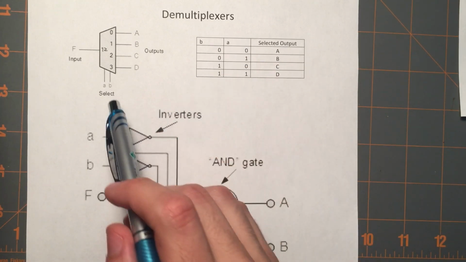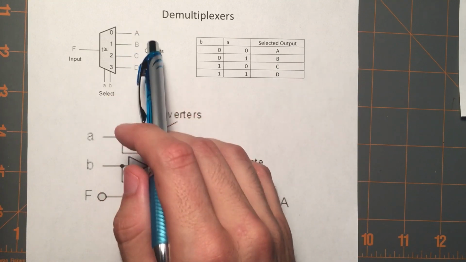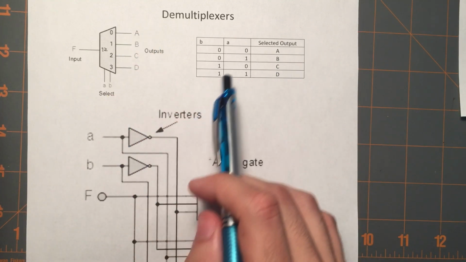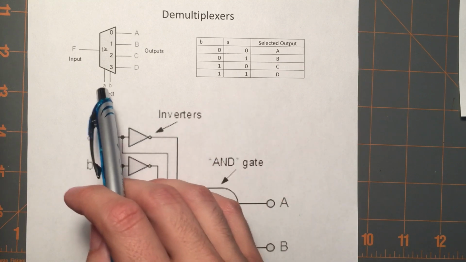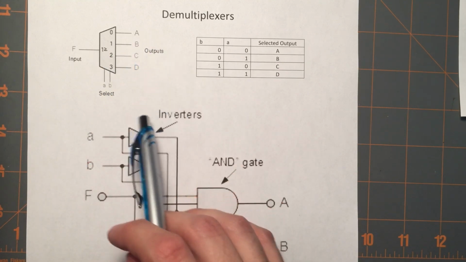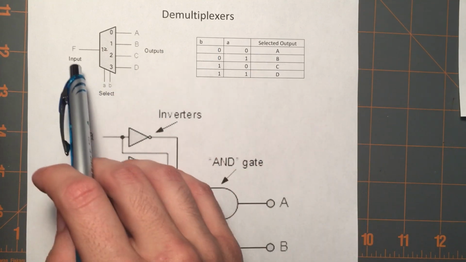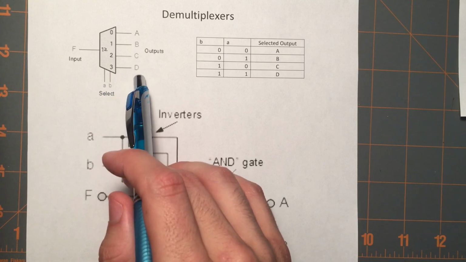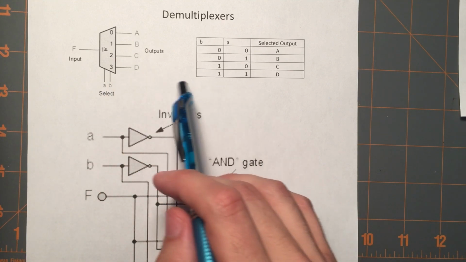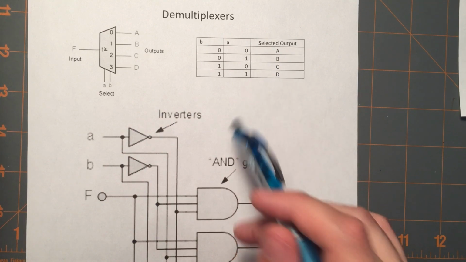When BA is 0, 0, the selected output will be A, since this is the first output. When it is 0, 1, the selected output will be B. And when BA is 1, 1, F will be sent to D, since it is the last, or the fourth, output.